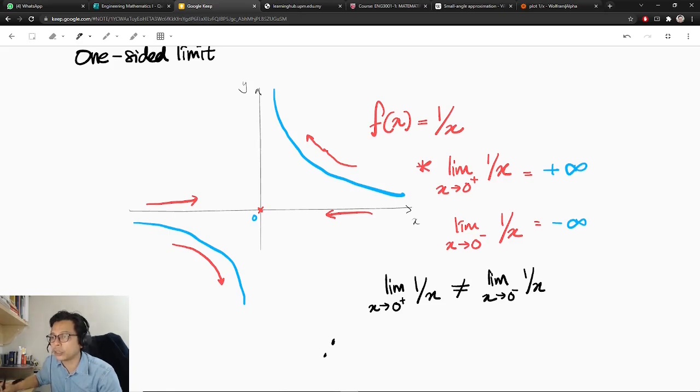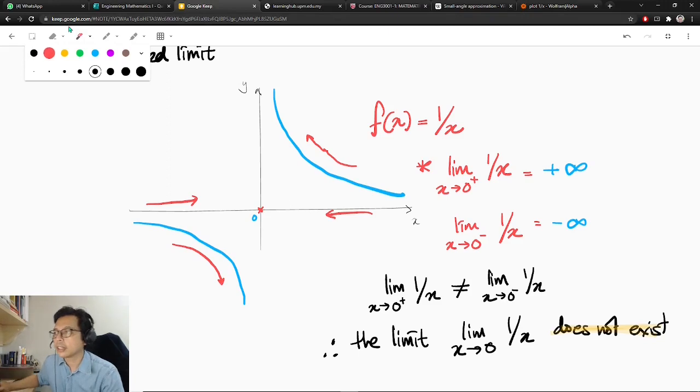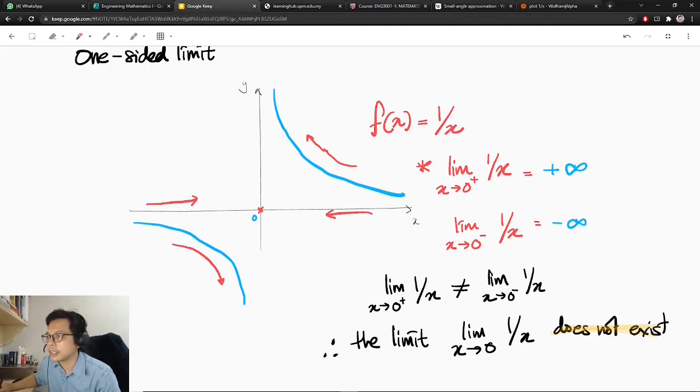So the conclusion we can make here is that this limit, when x approaches 0 from both sides, does not exist.